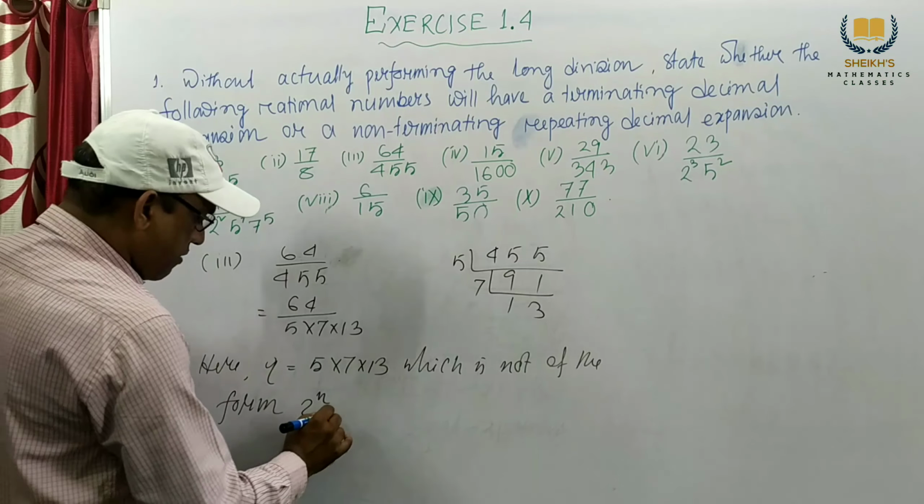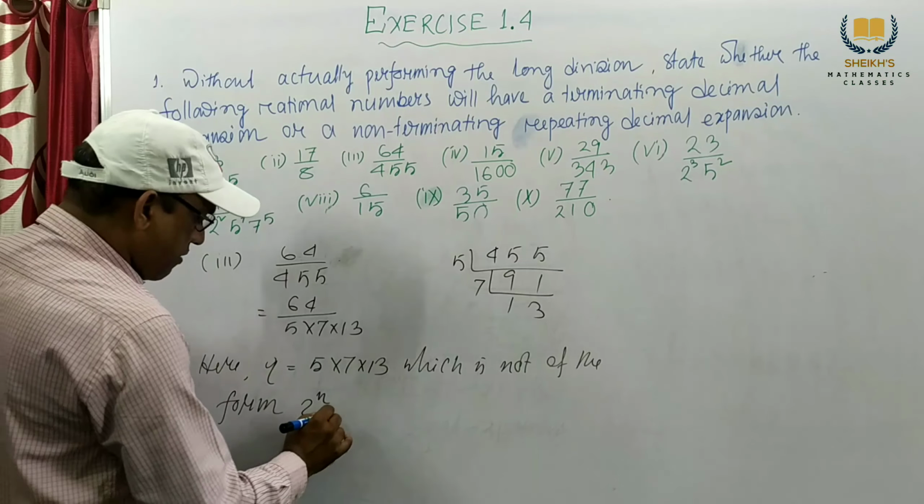So the rational number 64 by 455 is non-terminating.